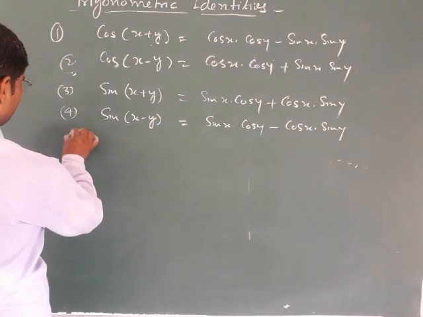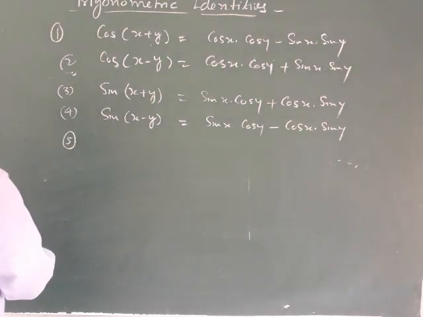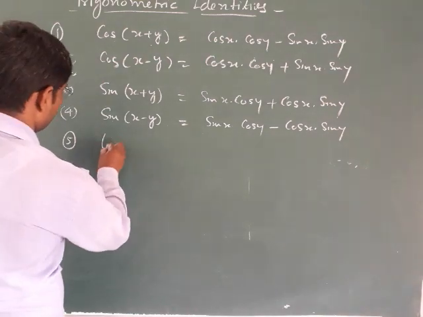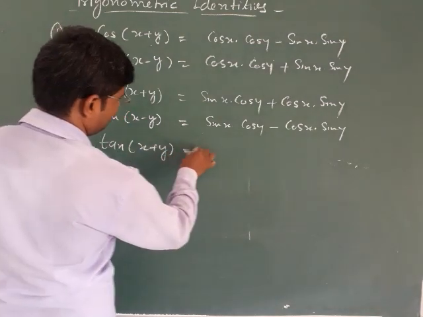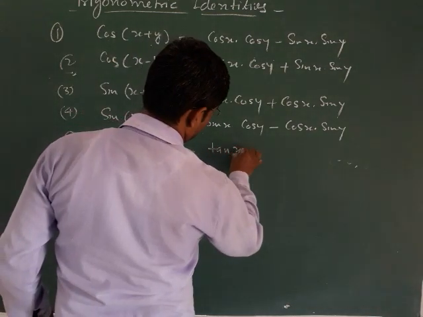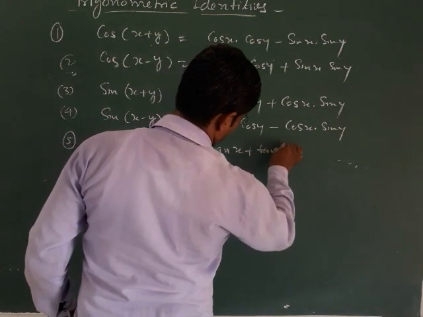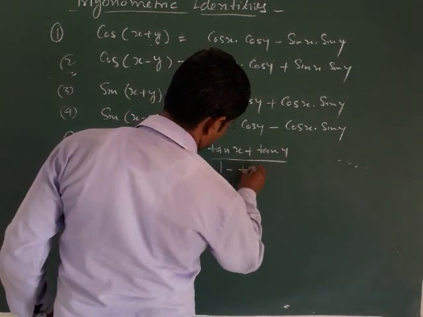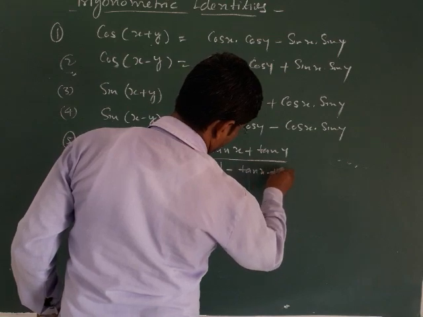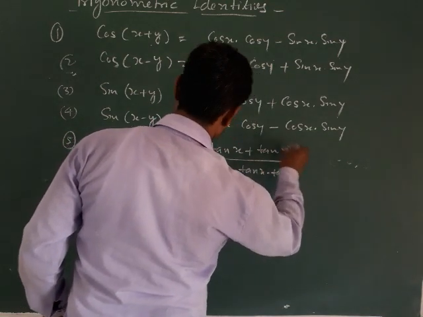And fifth, tan(x plus y) is equal to tan x plus tan y upon 1 minus tan x into tan y.